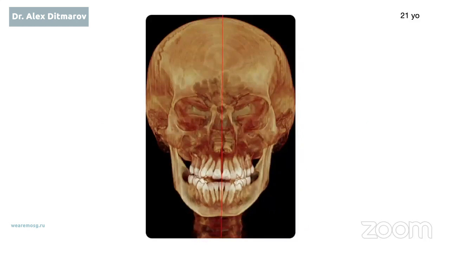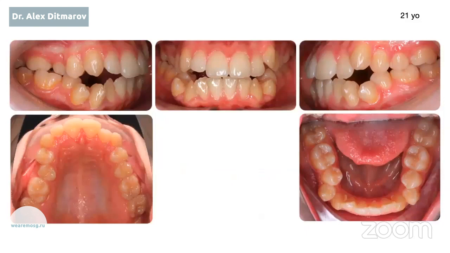But maybe you can treat just my dentition. And I said, well, if you're comfortable with your asymmetry, we may treat your dentition, of course, with some extraction treatment. But I'll tell you that asymmetry will not go away because it is on a skeletal level.